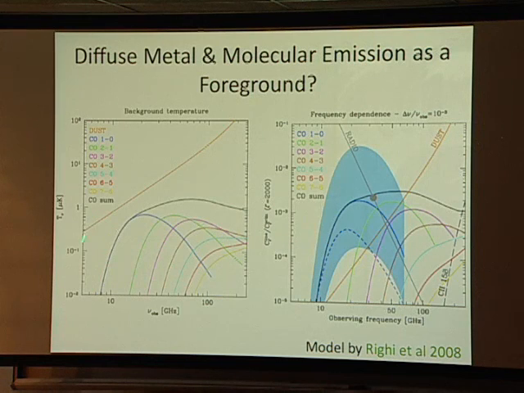But what you can see is that you're talking about mean temperatures of order microkelvin, and fluctuations that rise to the level of order 10 to the -3 of the primordial fluctuations if you were to take a narrow frequency channel. And the concern, of course, is that the metal scattering features we were talking about are down here.